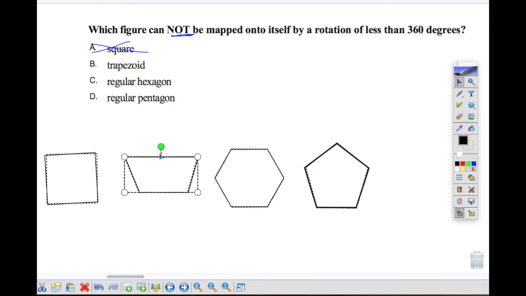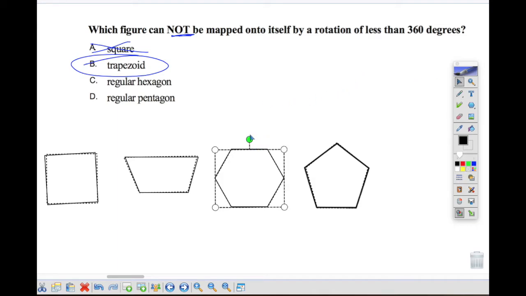A trapezoid has 2 parallel sides. And if I click and rotate it, do I have to take it all the way around before it is back on top of itself? Yes, I do. So a trapezoid does not have rotational symmetry. You have to do 360 degrees before it's back on itself.